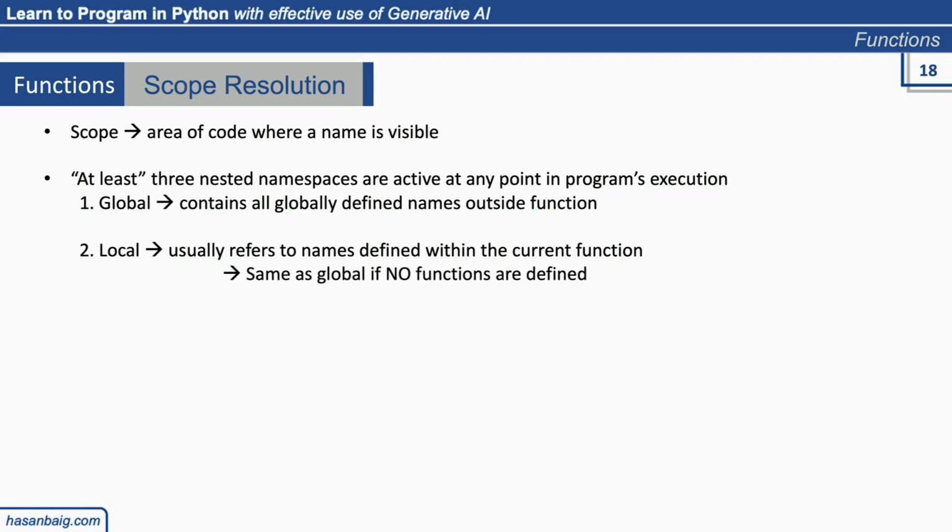If you do not have a function definition, then all the variables are referred to as local as well, so the same as global if no functions are defined. Built-in contains built-in names of Python, for example integer, string, the input function, the print function.